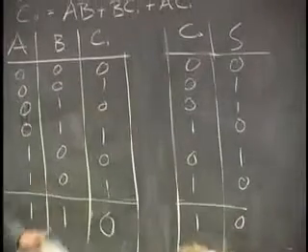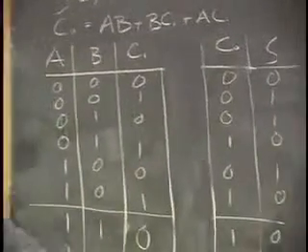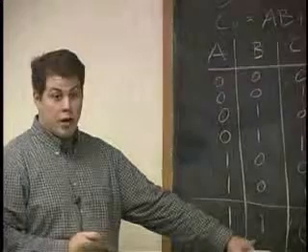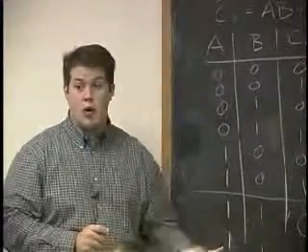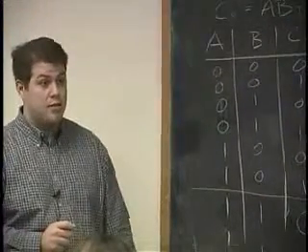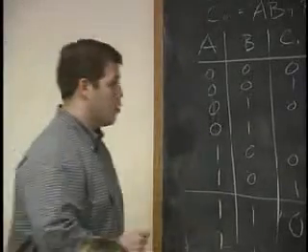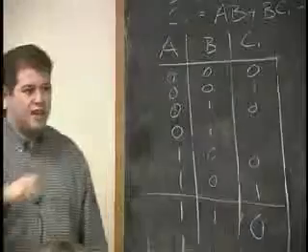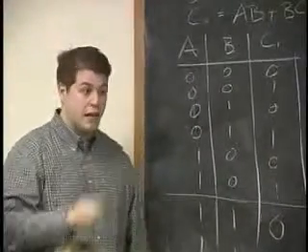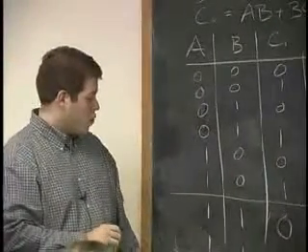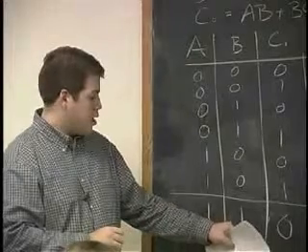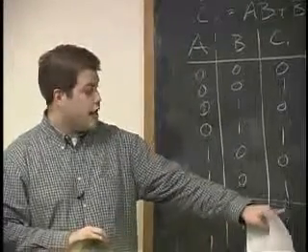So, if we look at A and B, we see that if A and B are both 1, that C out is 1 regardless of what Ci is. Okay? Doesn't matter what Ci is. So we call this case generate.